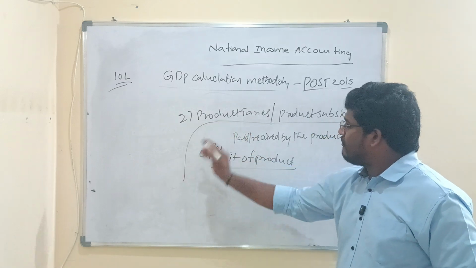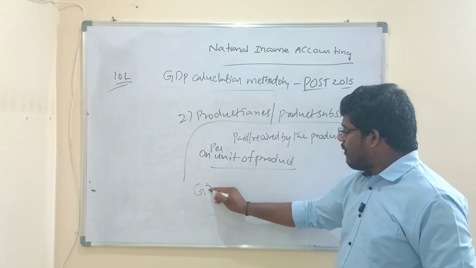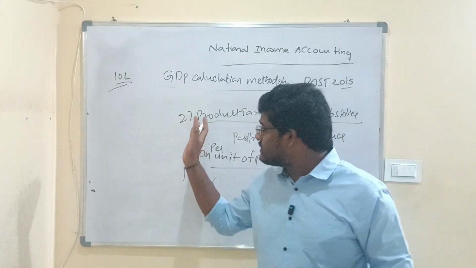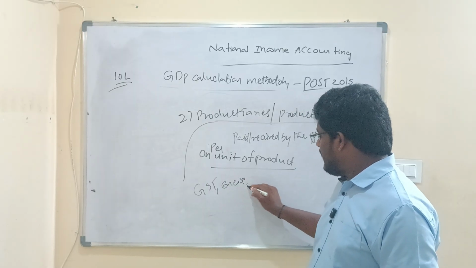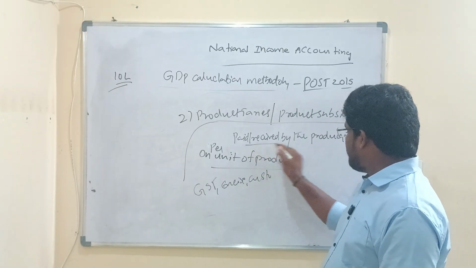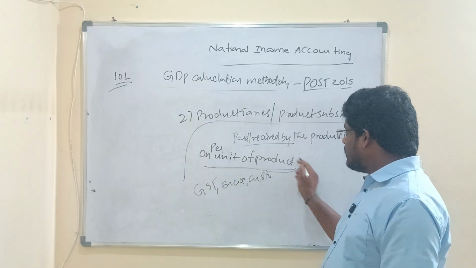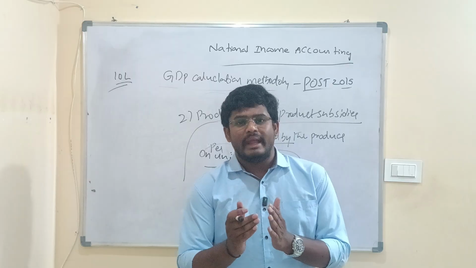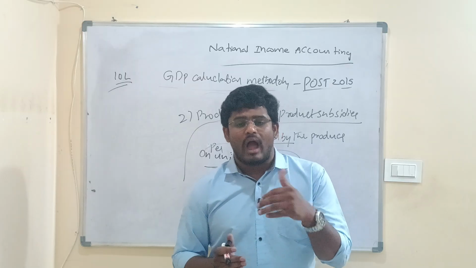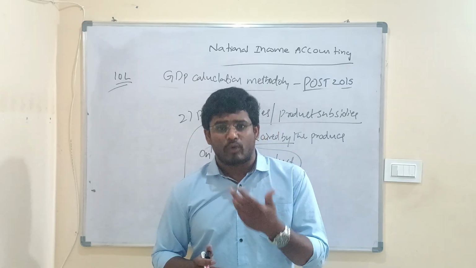Let us take the example of product taxes. All the indirect taxes are considered to be product taxes, like GST, excise duty, customs duty. These are being paid by the producer on a unit of product. If you take the example of GST, it is being paid per unit, like on soap, on a particular product.